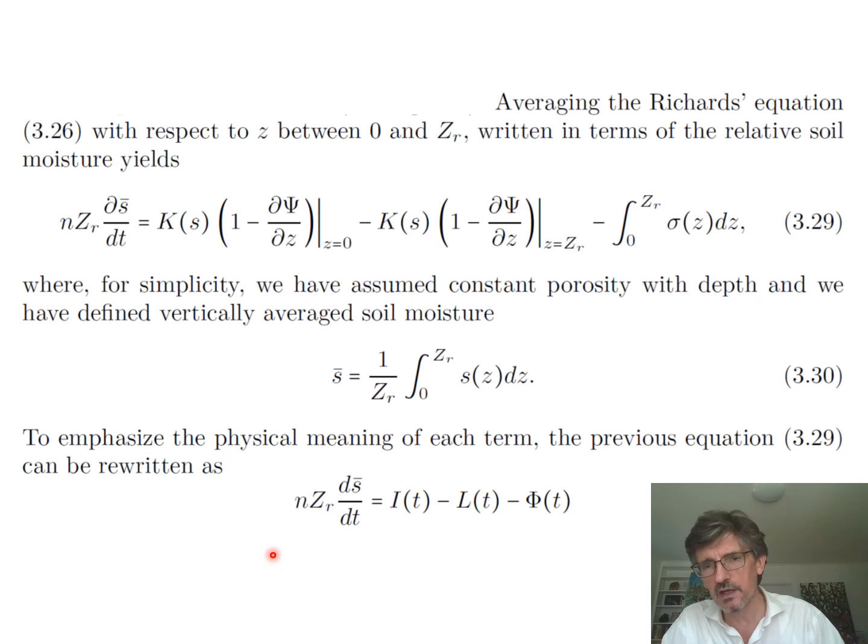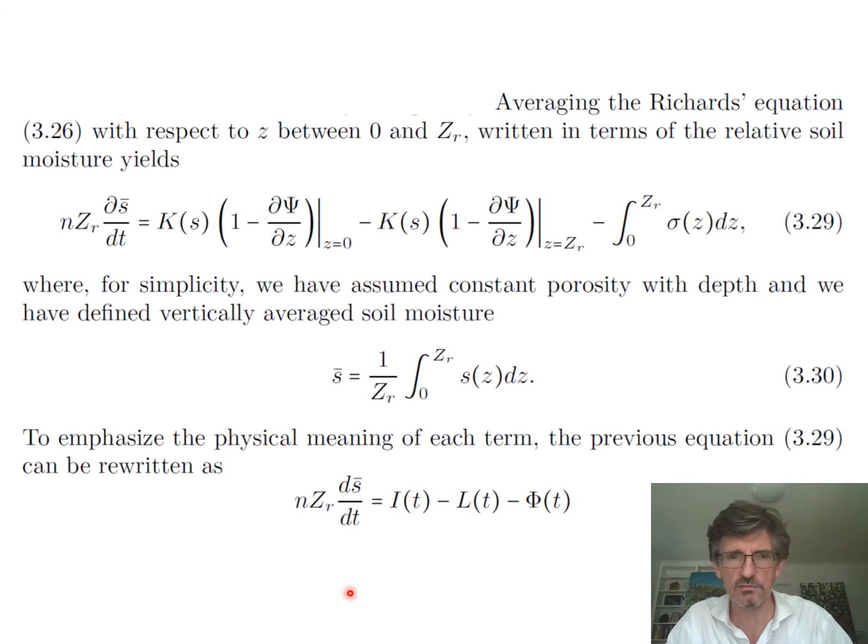So this is the vertically integrated version of the soil balance equation coming from integrating Richards equation, and we'll see it has the form of the equation that we are looking for. Now, we want to get rid of this bar, not to take it with us all the time, so we just redefine it as the vertically averaged soil moisture without the bar.